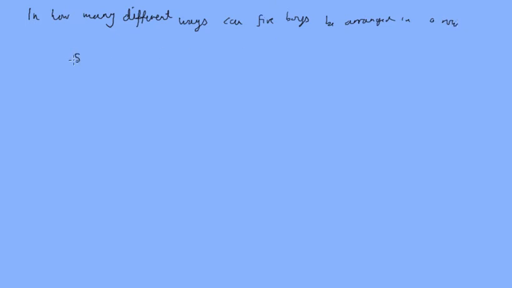So that's going to be the permutations with n equals 5, it's 5 factorial, which will be 5 times 4 times 3 times 2 times 1, which is 120 ways.